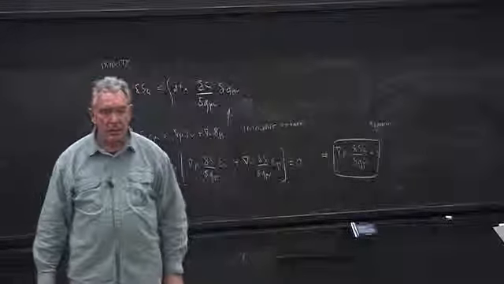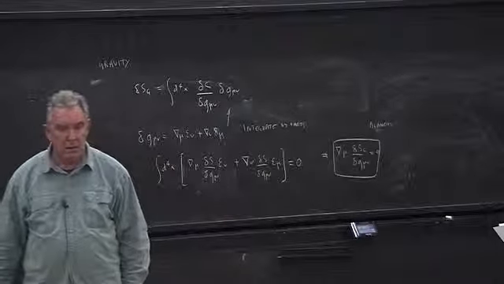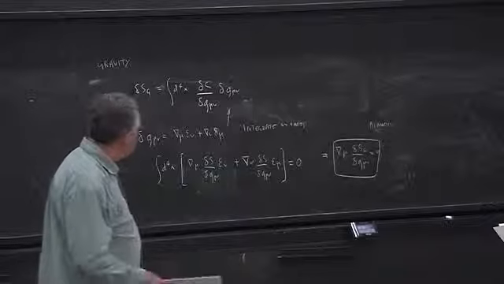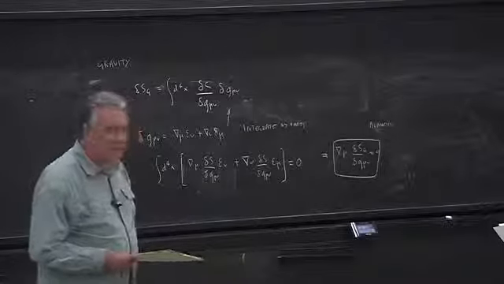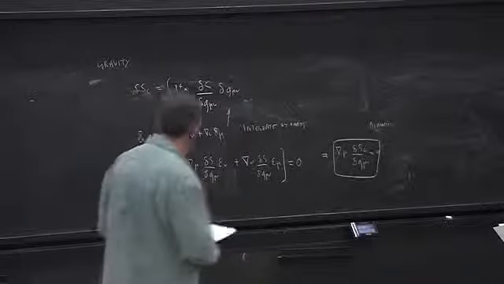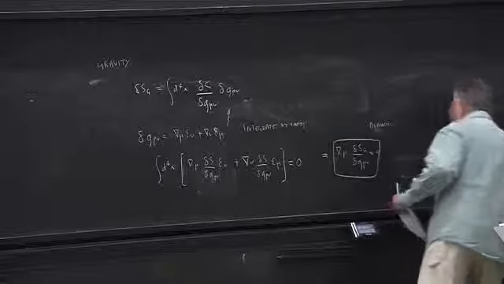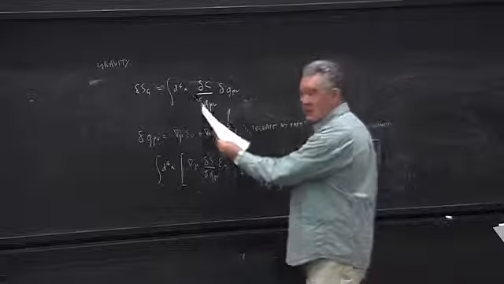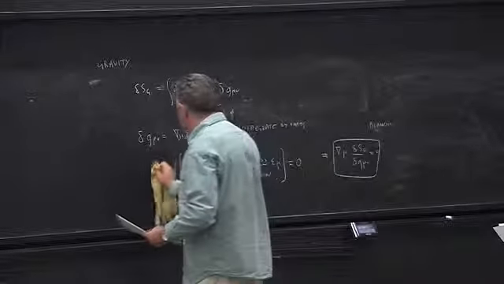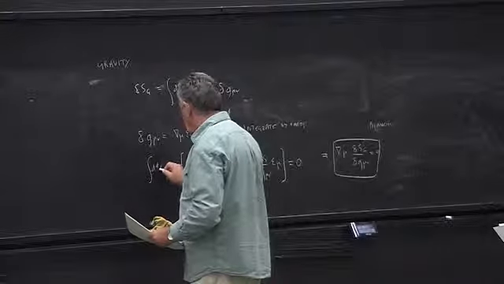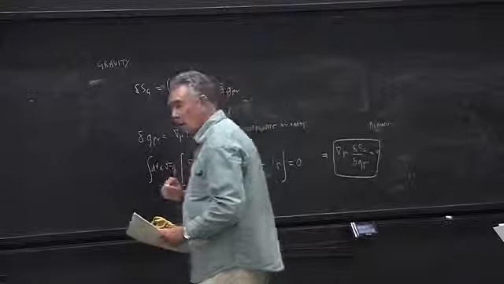Yeah? Why do we not have the square root of minus g? Because of the definition of the functional derivative. Sorry, here I do need it, yes. Thank you. I don't have it here because that's the definition of the functional derivative, but I do have it here.